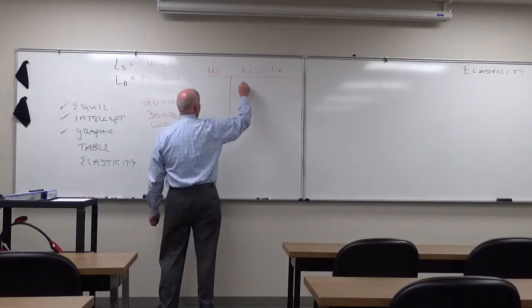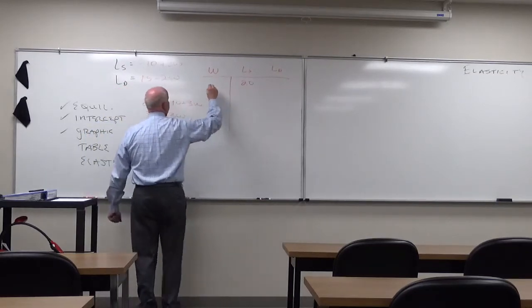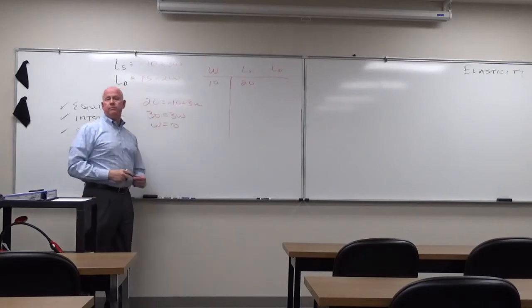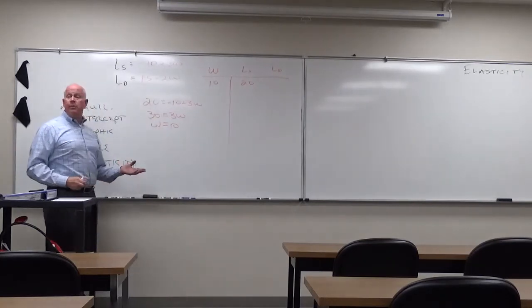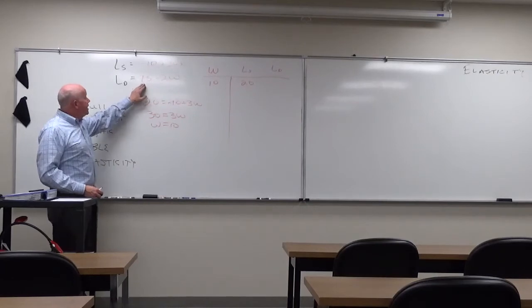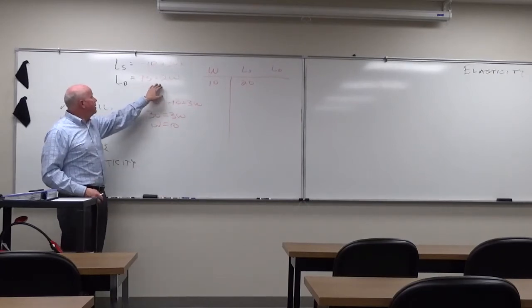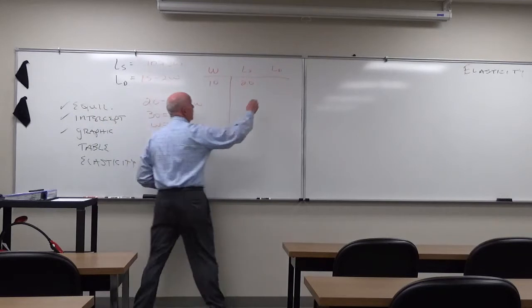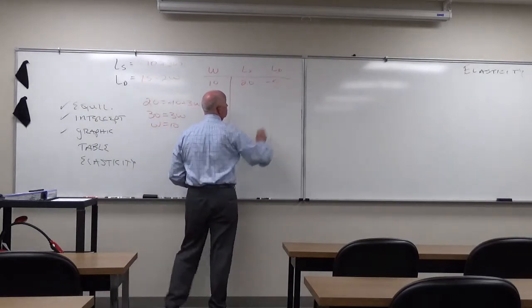So if I know that this was 20, I now know that this is 10, right? And if my W is 10, I can now put it into the demand equation. 15 minus 2 times 10, 15 minus 20, so labor demand at that is negative 5.